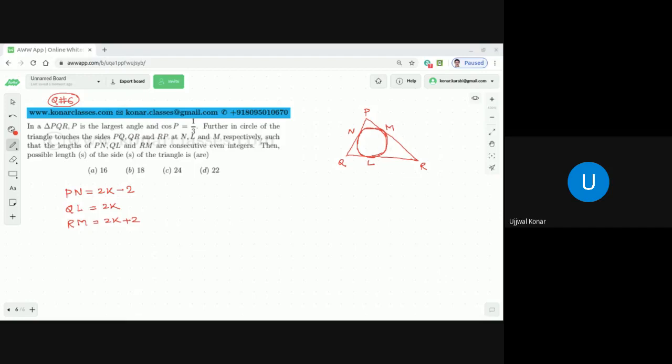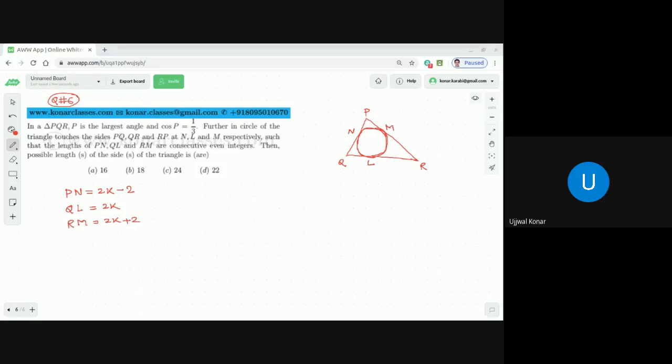So now one thing we are sure of is that we find the values of PN, QL and RM according to this. So these values we already got.